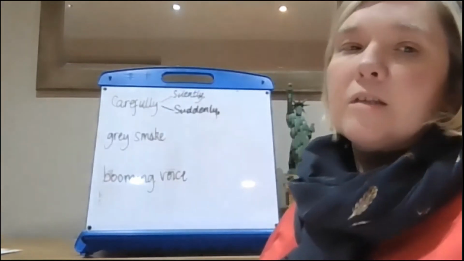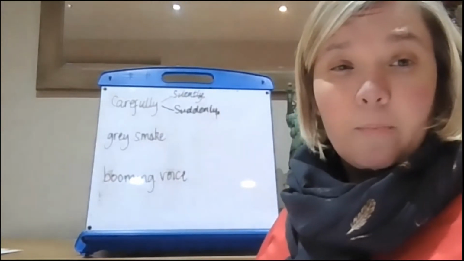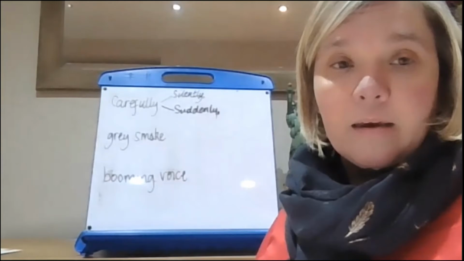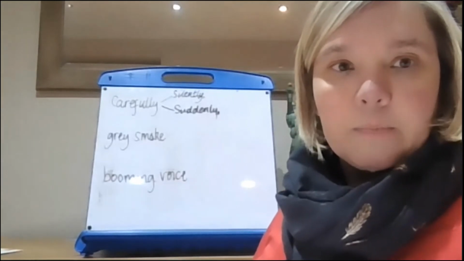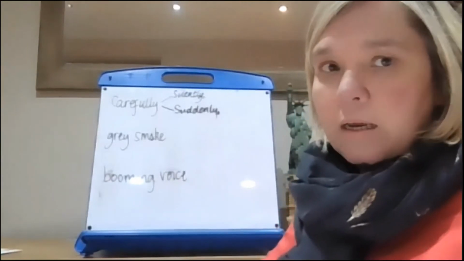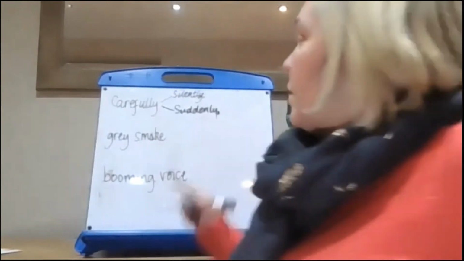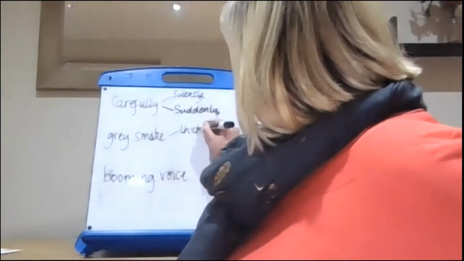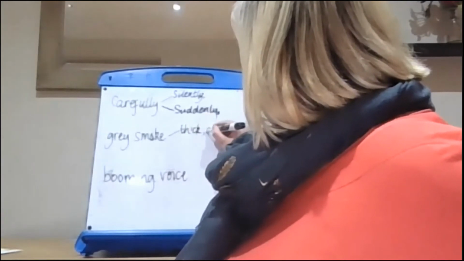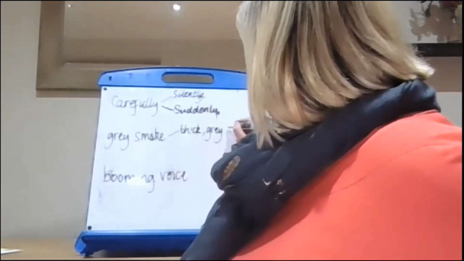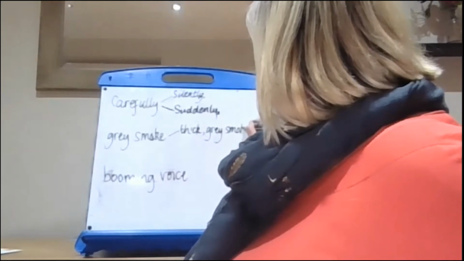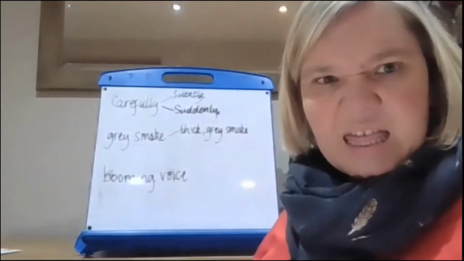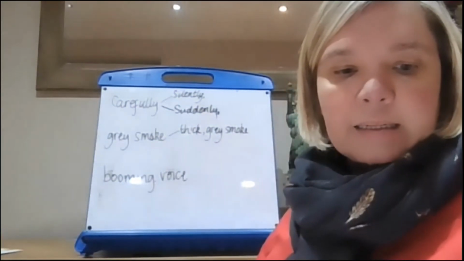Now, if you think of smoke just after a bombing raid, what is that smoke going to be like? Well, it might be thick grey smoke. Okay, it might be thick and grey.